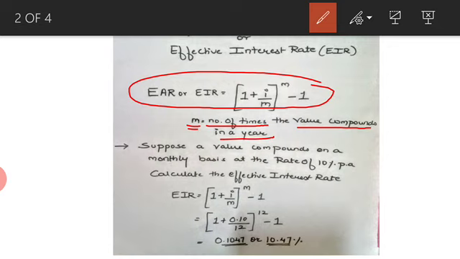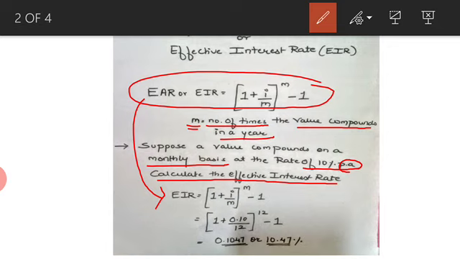Now let us take a simple problem and understand this effective interest rate. Suppose a value compounds on a monthly basis at the rate of 10% per annum. The 10% rate is for the year, annum is year. Calculate the effective interest rate. As we have already studied the formula, EIR is equal to (1 plus i by m) the whole raised to m, minus 1.